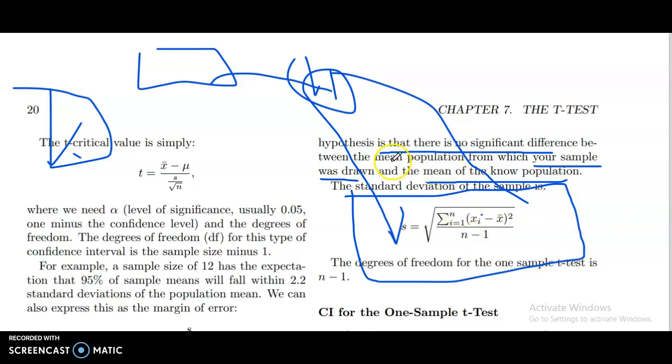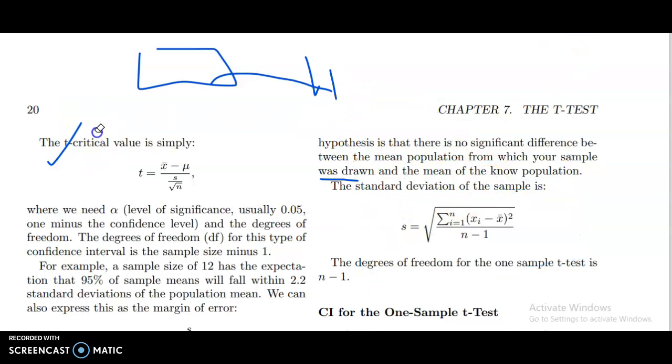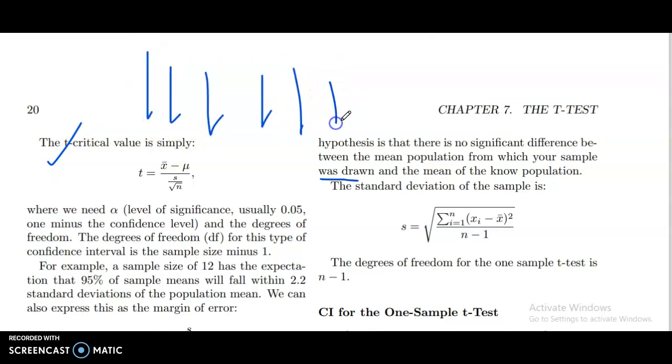Then from each of these we deduct x bar, then square it. After that we divide by n minus 1.